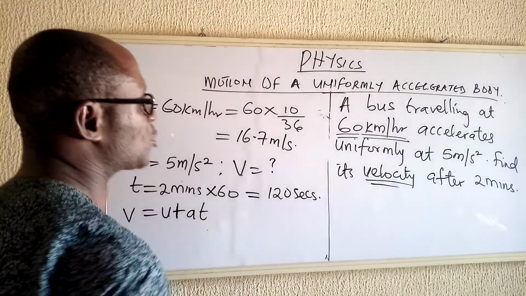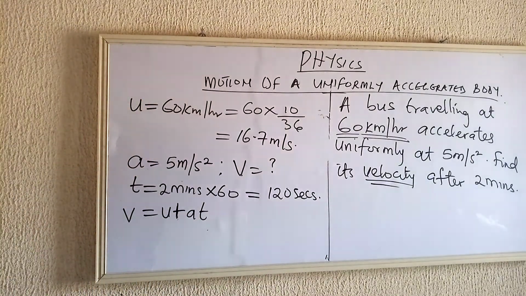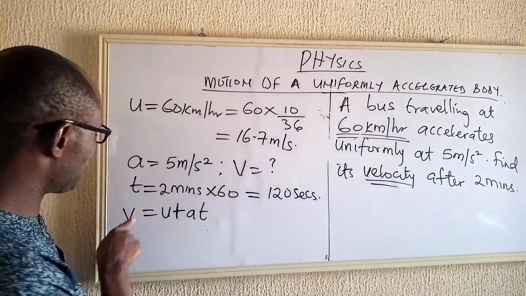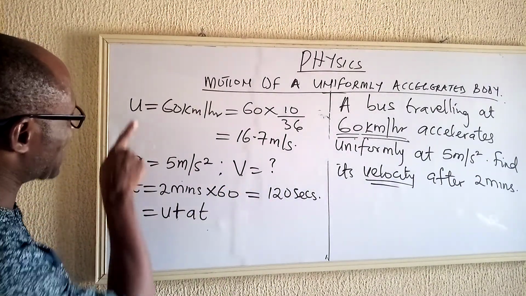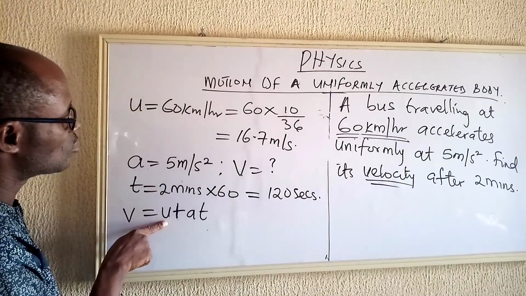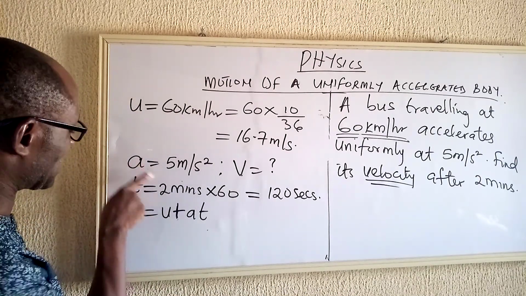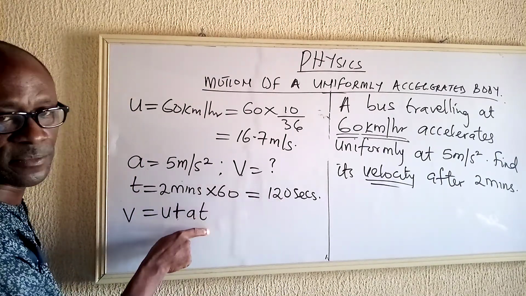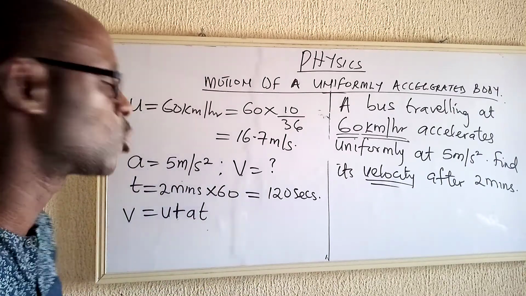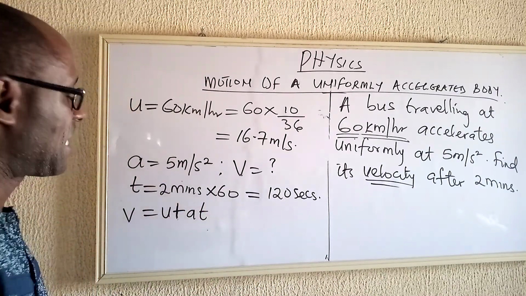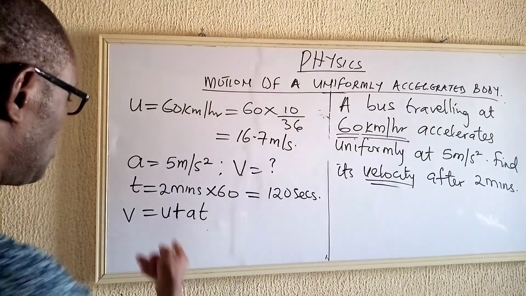Why is it the relevant one? Because we are finding V, we are given U, we are given acceleration, and we are given time. So the applicable formula out of the 3 equations is this.